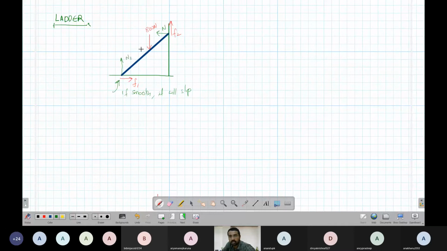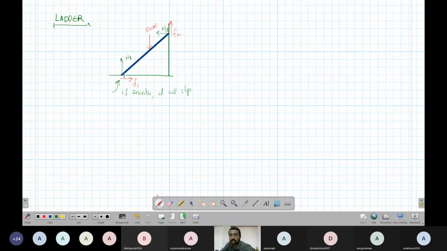So let's call the normal forces N1 and N2.